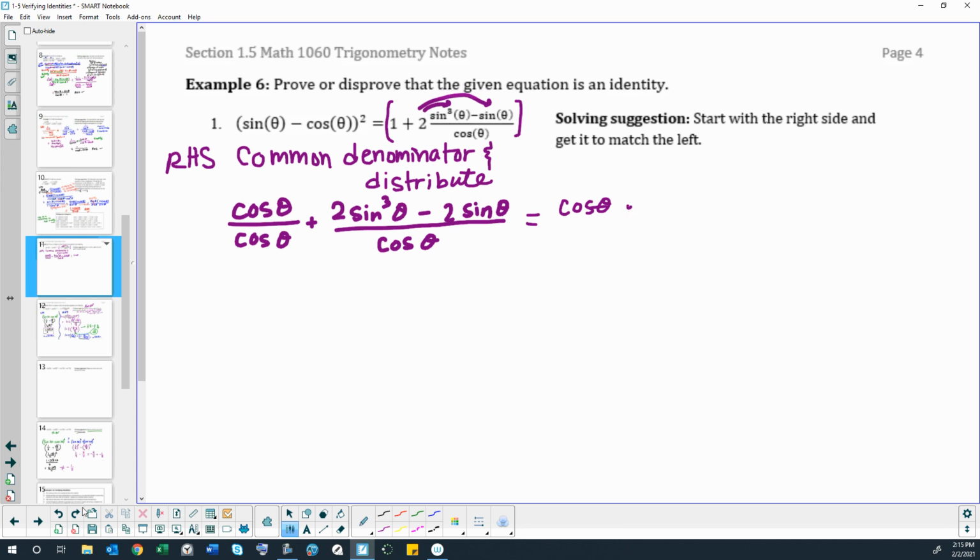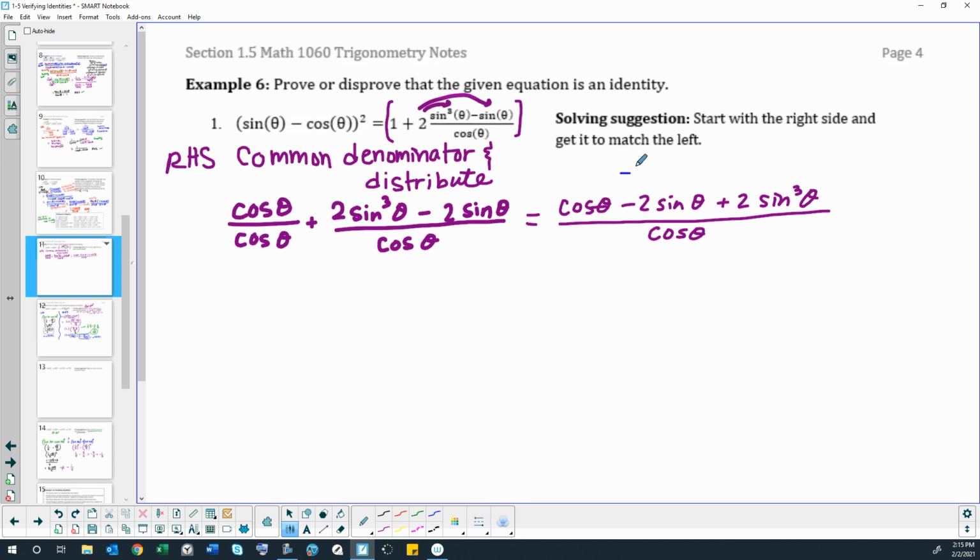To begin with, I'm just going to go ahead and reverse the order that this stuff is in. So I'm going to create these and you'll see why in just a second. 2 sine theta plus 2 sine cubed theta. That whole thing is over cosine theta. So now this part right here, let's focus on it.